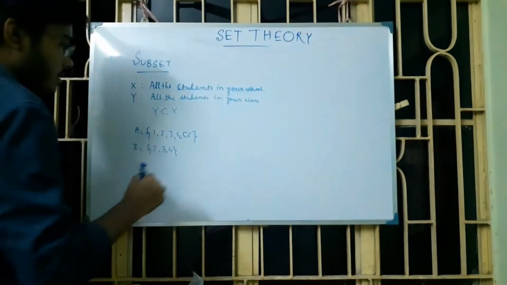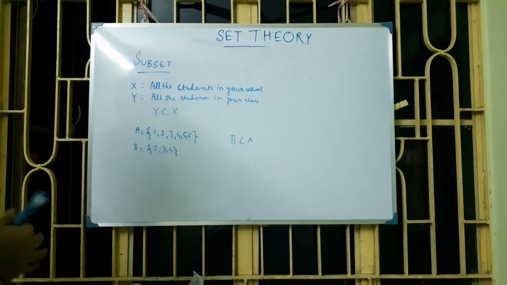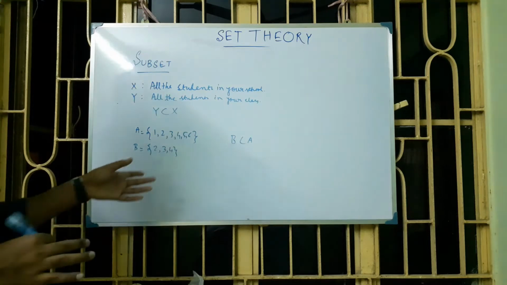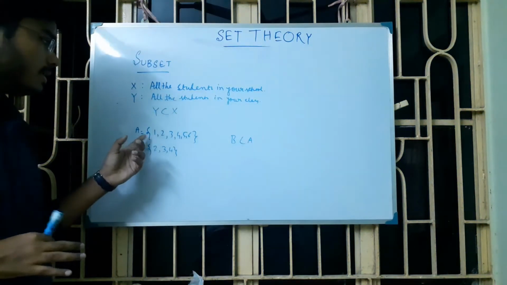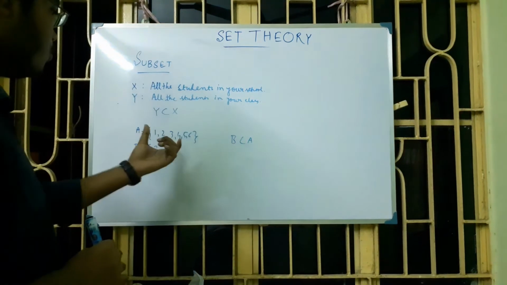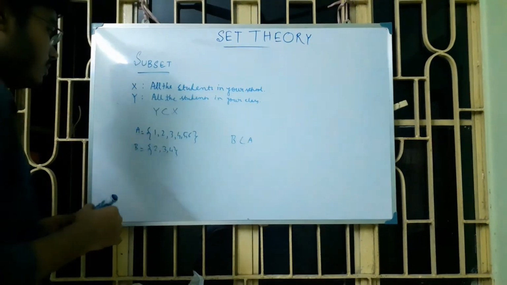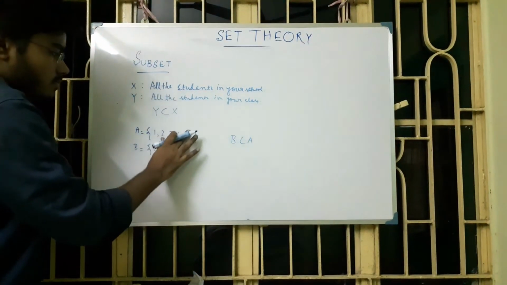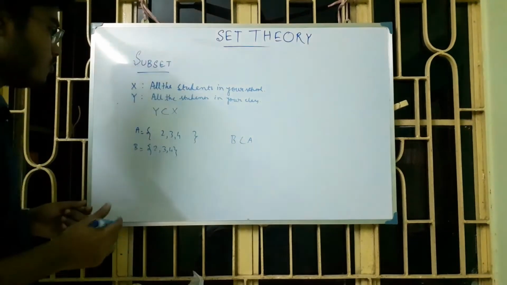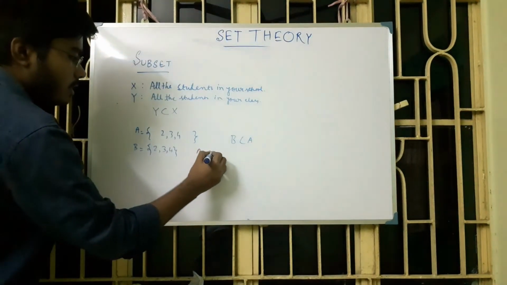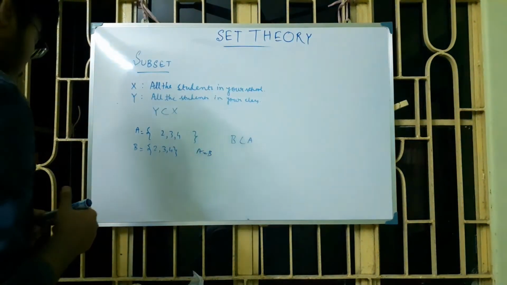That means B is a subset of A, as all the elements in B are present in A. If 5 and 6 were not present, then A equals B. Otherwise B is a subset of A.